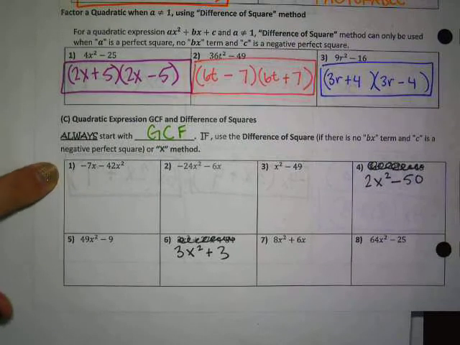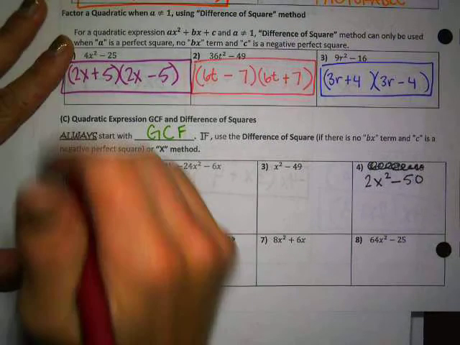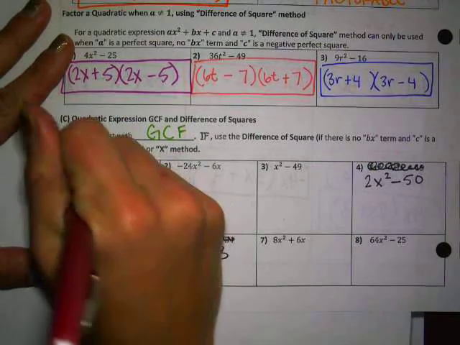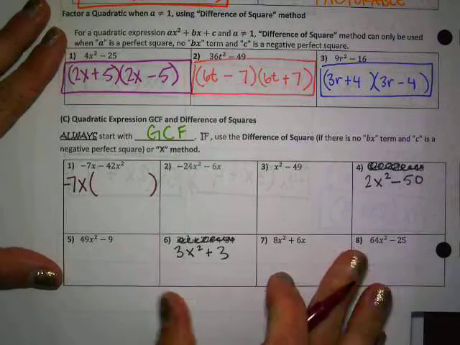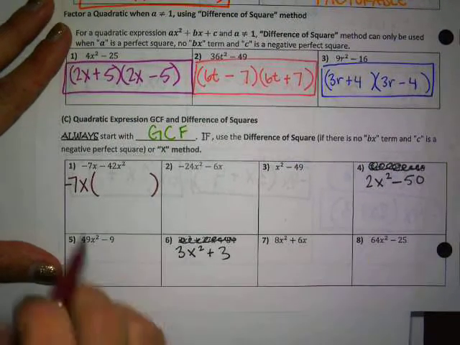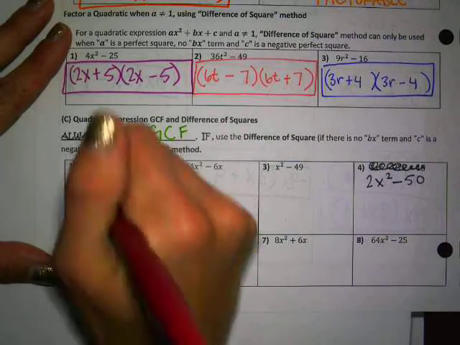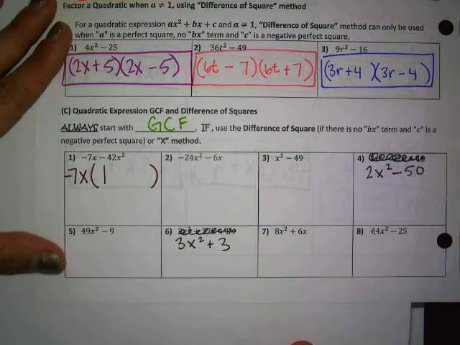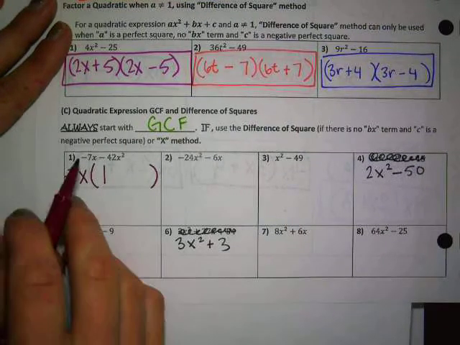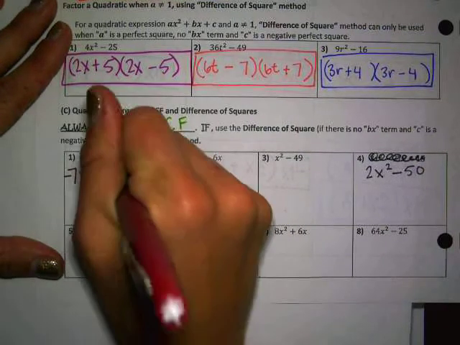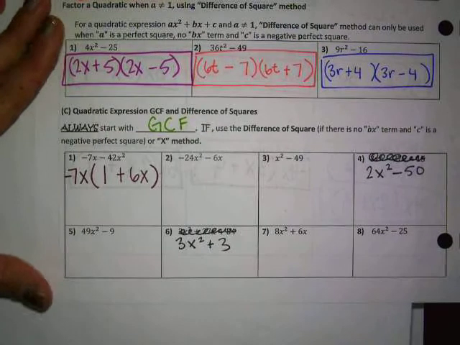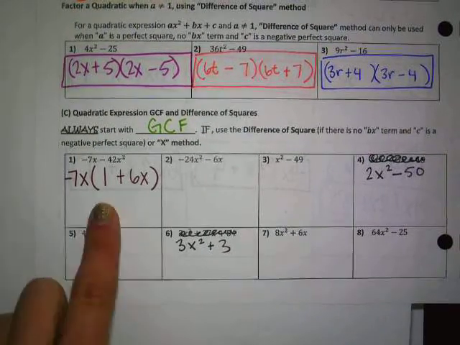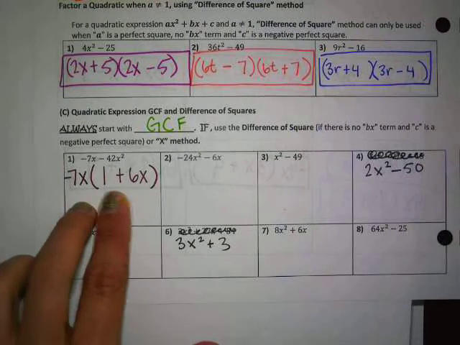So on number 1, what is my GCF? Negative 7x. When I take negative 7x from negative 7x, I'm left with 1, plus 6x. Once you take your GCF out, then look and see if you have a difference of squares.